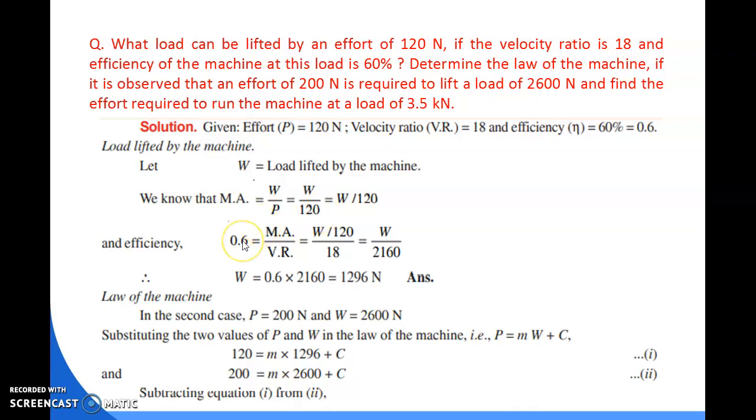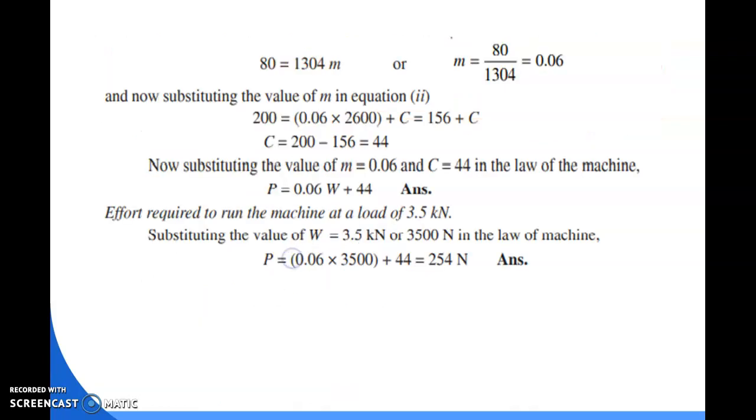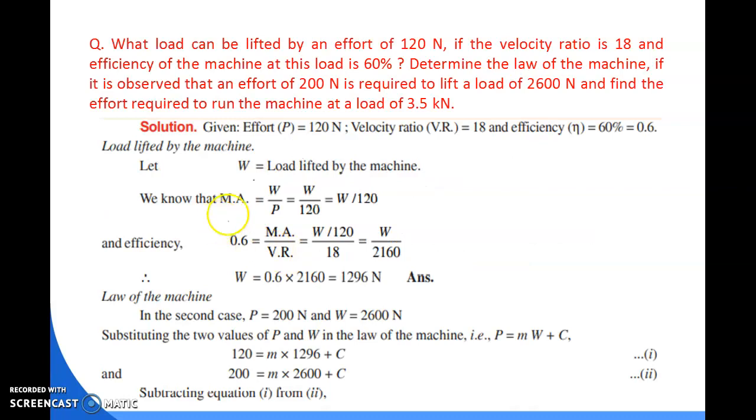Then we know that efficiency is equal to MA by VR, that is mechanical advantage by velocity ratio. Now we can put the value of mechanical advantage here, which is W by 120, so we will write W by 120, and the velocity ratio is given in the question, that is 18.